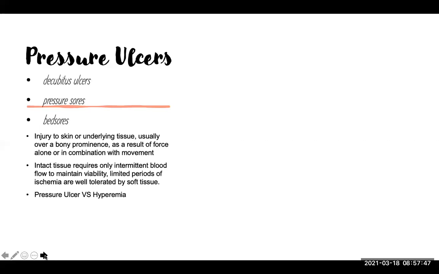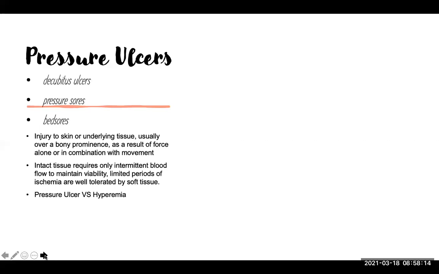Signs of ischemia look like this: hyperemia. Hyperemia that lasts less than 1 hour, redness due to vasodilation, is what we call hyperemia. Hyperemia occurs when you apply pressure and it stays red when you reduce the pressure. So it's blanchable.